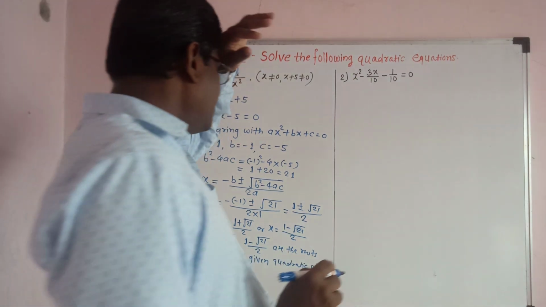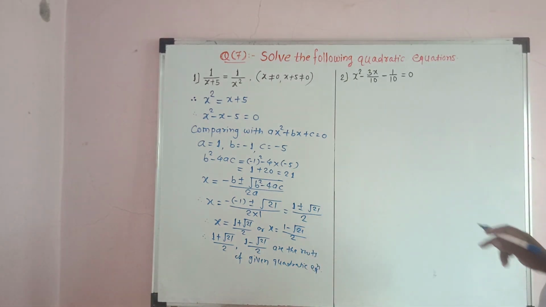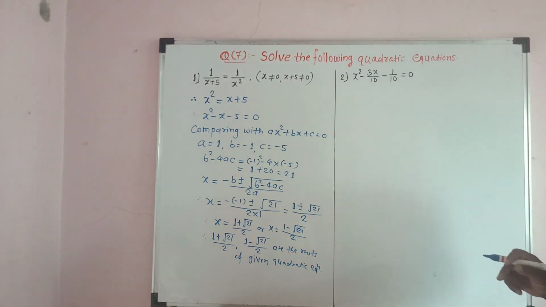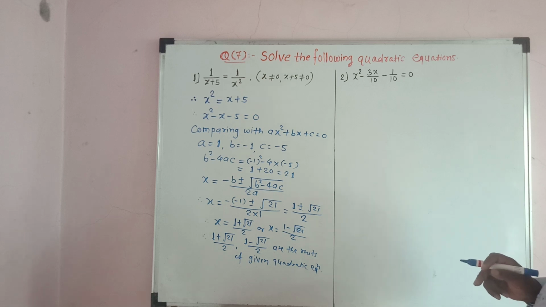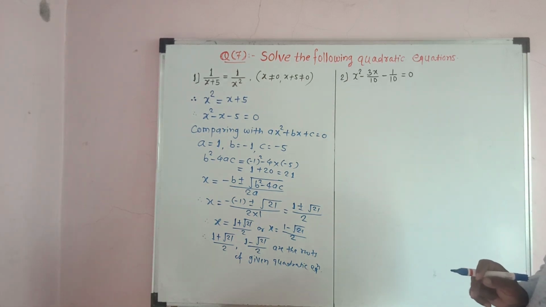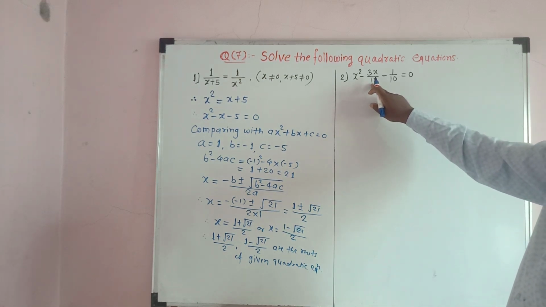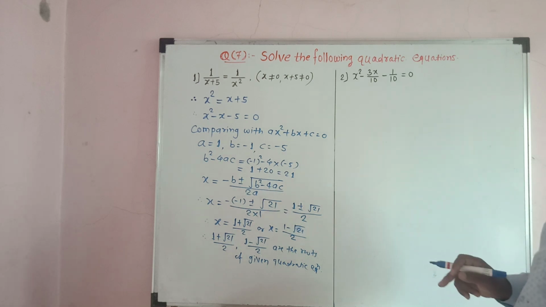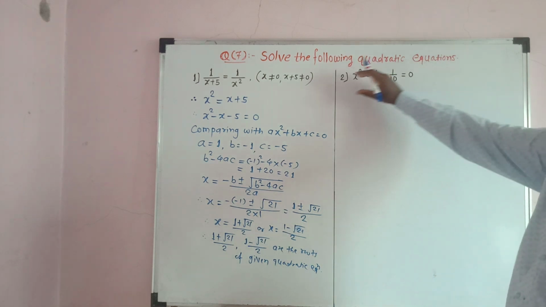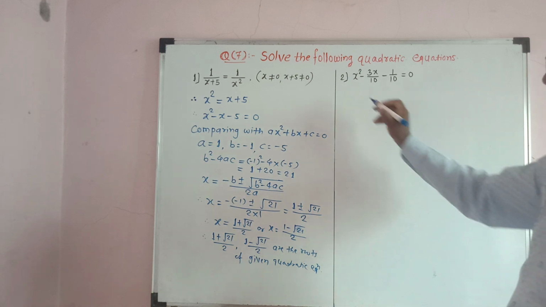Now example number 2. Example is x square minus 3x upon 10 minus 1 upon 10 is equal to 0. Here in the denominator number is 10. Therefore we multiply whole this equation by 10.